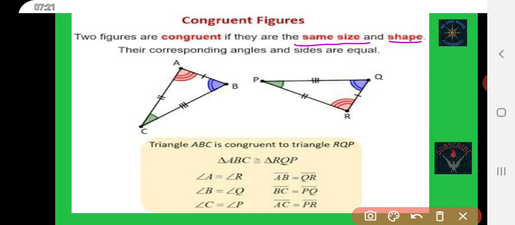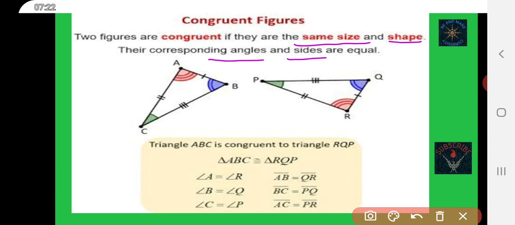If two triangles are congruent, then their corresponding angles and sides are equal. In other words, if the corresponding angles and sides of two triangles are equal, then the two triangles are congruent.